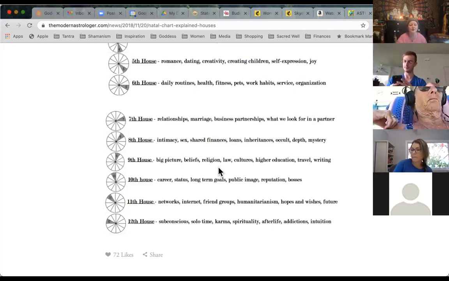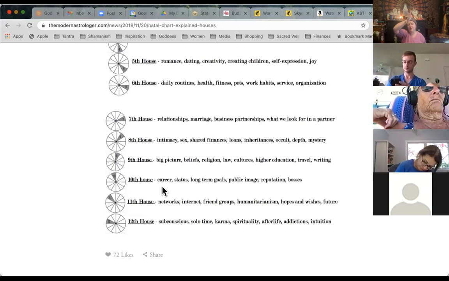In the 10th house, now this is long-term mission and calling. So that's going to be right at that 12 o'clock spot when you lay your tarot cards down, because you're laying them down in this wheel. That 12 o'clock spot, which is the 10th house, is big picture. What did you come here to do?